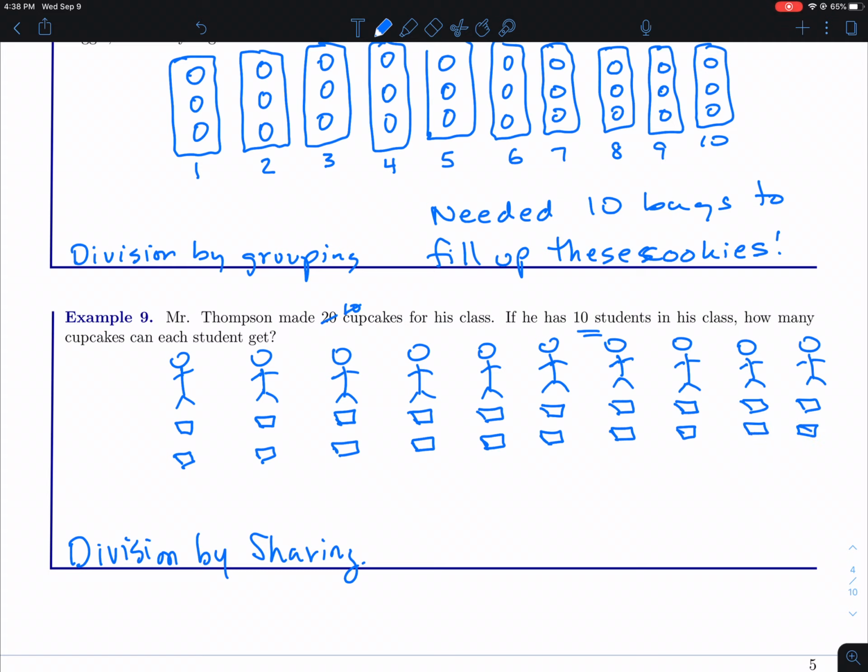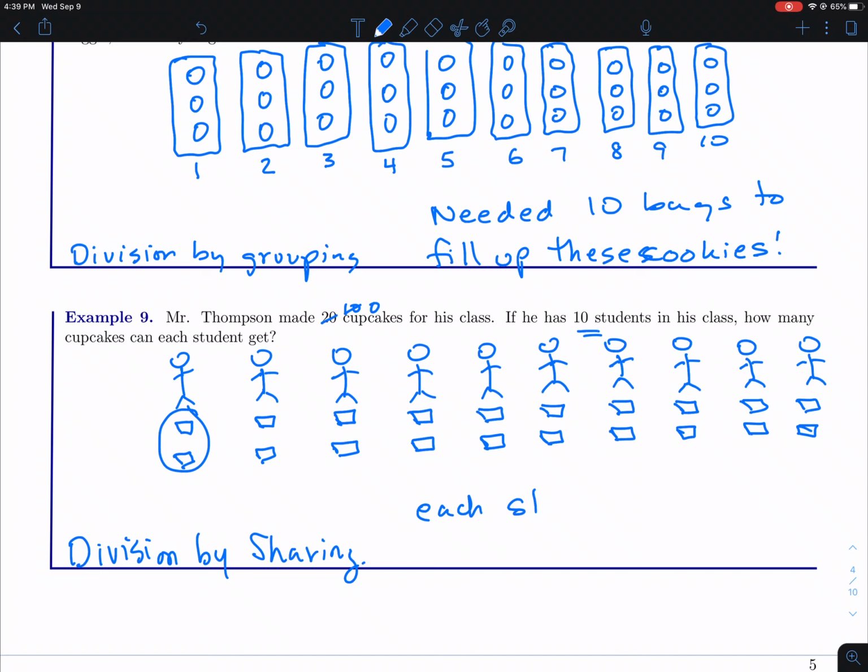So there was 10 more. So now I've reduced all my cupcakes down to 0. Everybody's gotten a fair share. And so ultimately, how many cupcakes did each student get? In this case, we're just looking at any one individual student, because they should all have the same amount. And so each individual student received 2 cupcakes in this case.